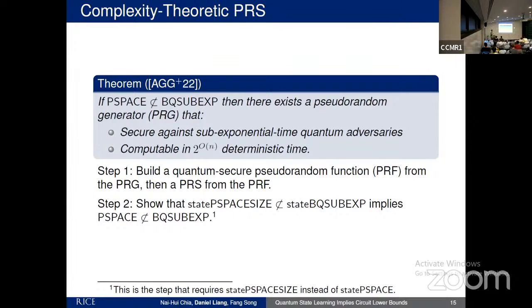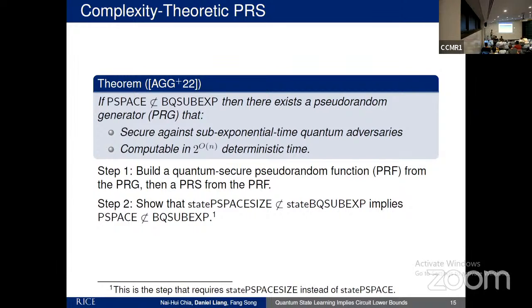And so the goal is basically to turn this PRG into a PRS. There are some standard tricks to do this in the cryptography literature, but it turns out that because the parameters of this PRG are a little non-standard, those techniques don't actually work in a straightforward way. This is why we had to introduce this class called statePSPACE-size and things like that.